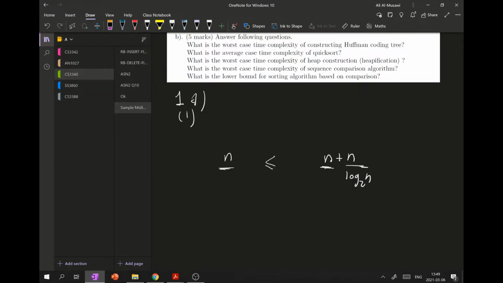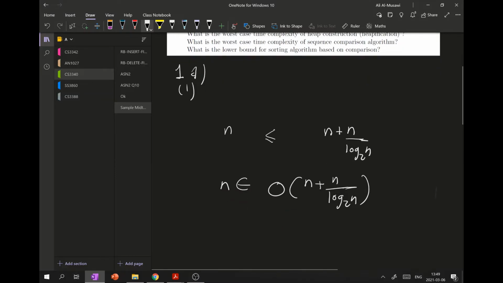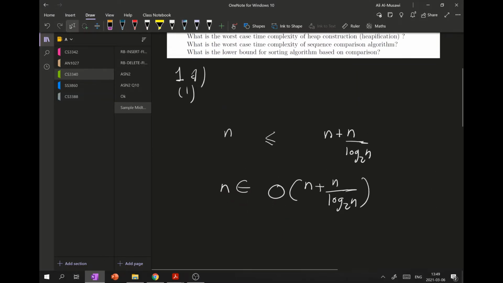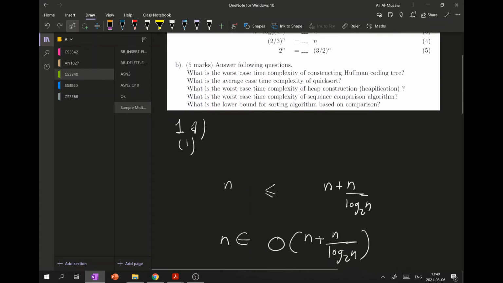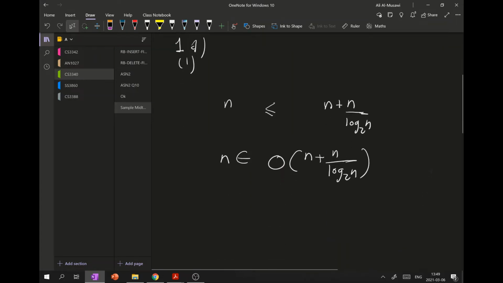In big O notation, this is to say n is dominated by n plus n over log 2n. We can stop here, but that's only partially correct. There is more that we can do.